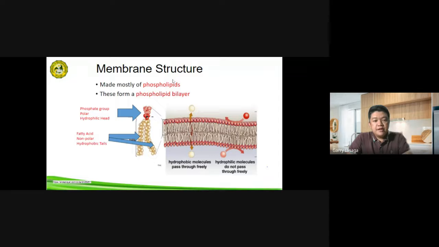Okay, for another illustration of our phospholipid molecule or our cell membrane, this is made mostly of phospholipids. The major component of the membrane is phospholipids, and these form the bilayer. This is another illustration of the phospholipid molecule containing the head and the two tails.